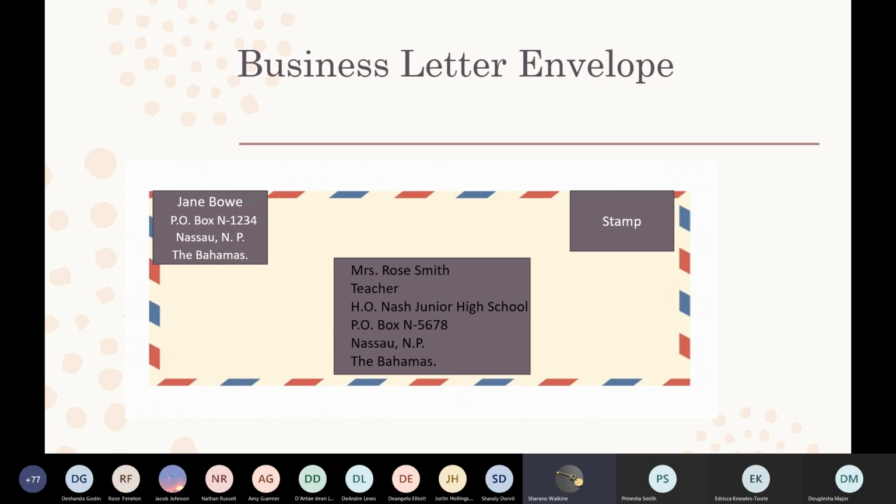It should be underneath, not on the same line, and it shouldn't line up with the sender's address. We need to see a clear separation between the sender's address and the receiver's address. So the sender's address, your address, and the receiver's address, right here. And that is all she wrote.